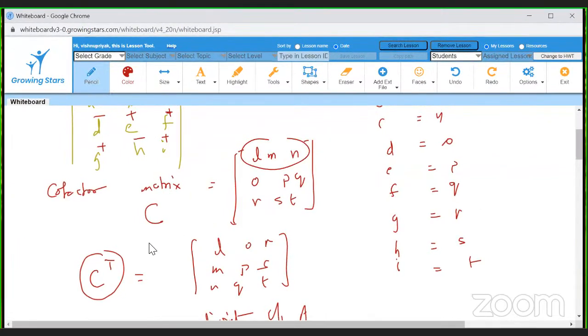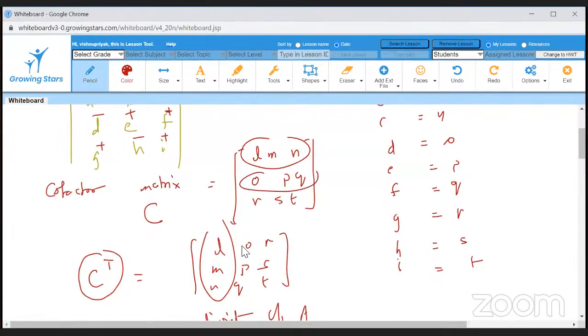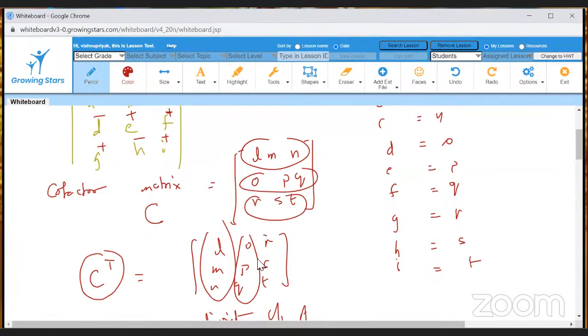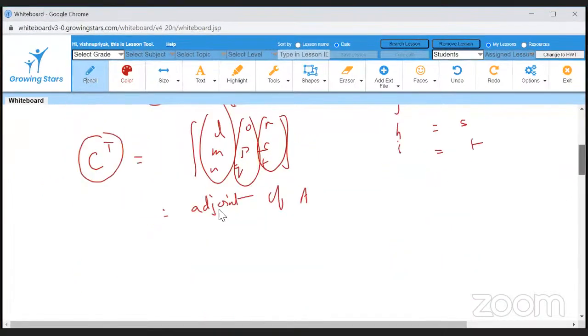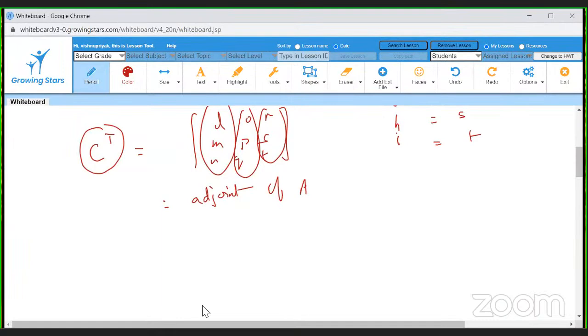Make the rows as columns. Take the transpose. That is called the adjoint of matrix A.